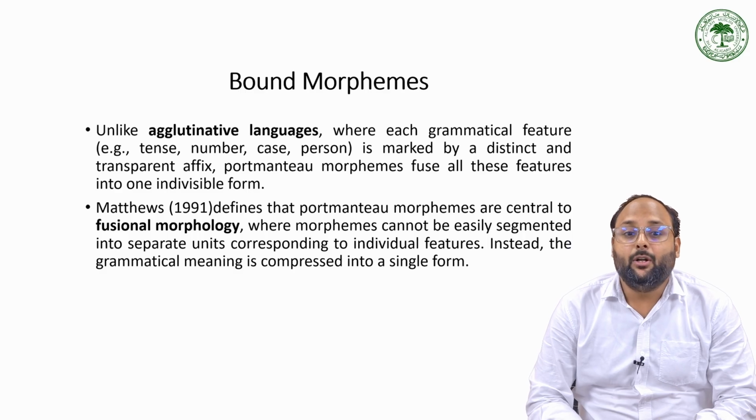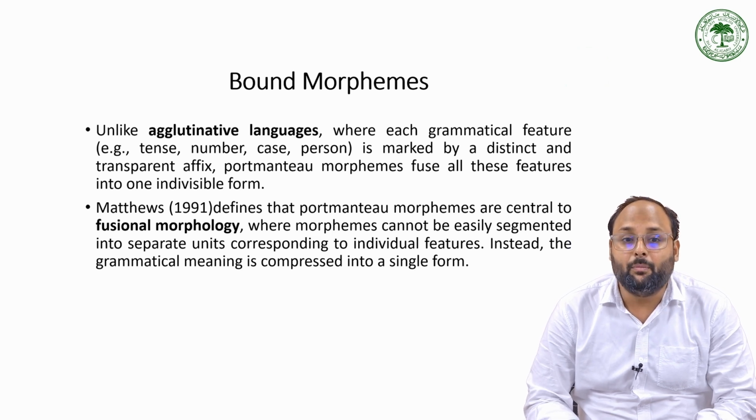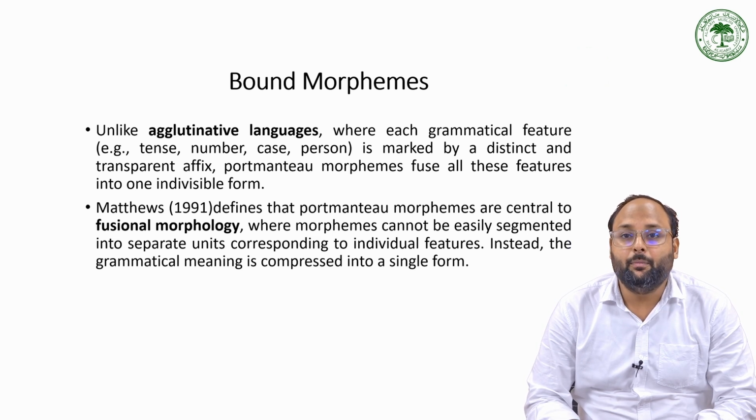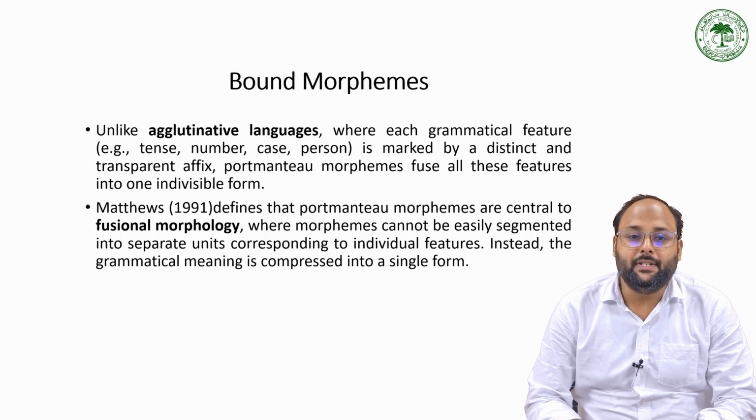Unlike the agglutinative languages, where each grammatical feature like tense, number, case, person is marked by separate, distinct affixes, a portmanteau morpheme fuses all these features into one indivisible form. Indivisible means it cannot be divided into separate parts, but that one morph has all these features. So that is called a portmanteau morph.